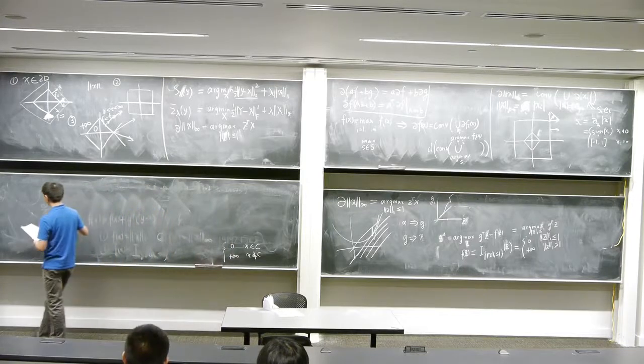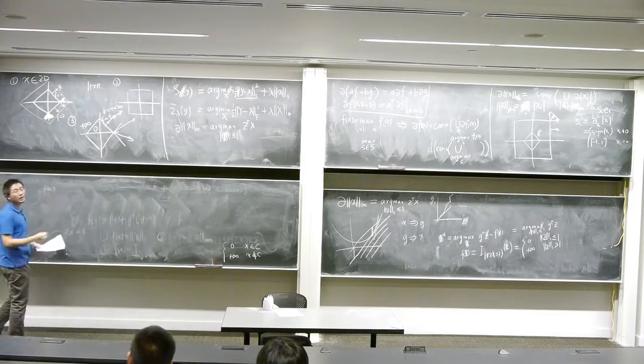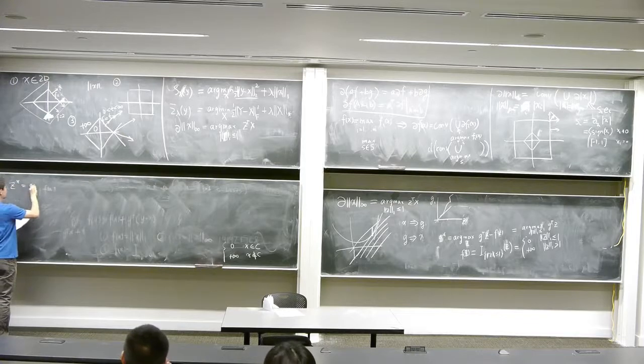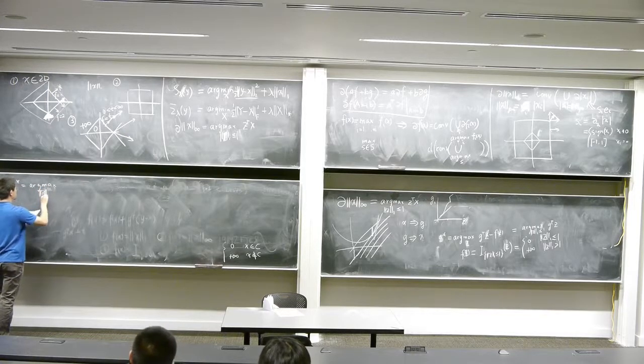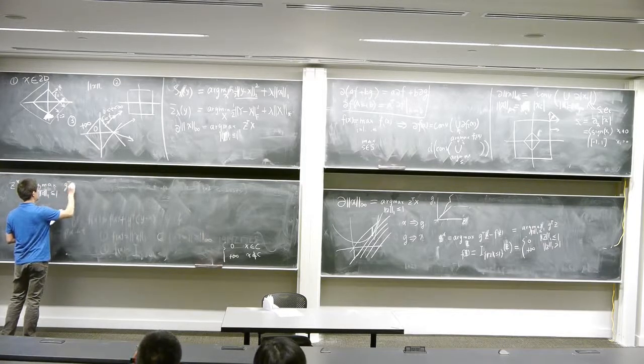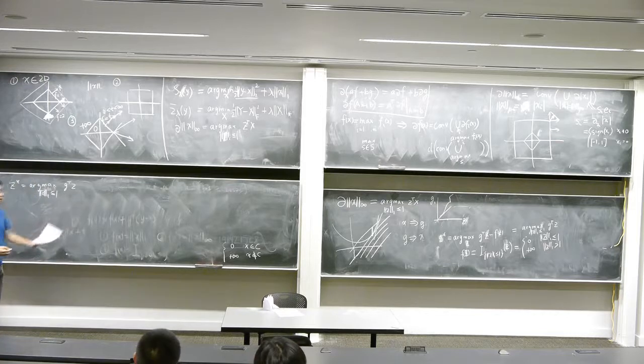Okay, so if I just copy from what I already have, z star is argmax over z with 1-norm smaller or equal to 1 of g transpose z, right?